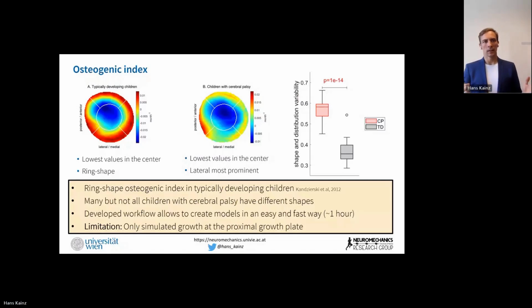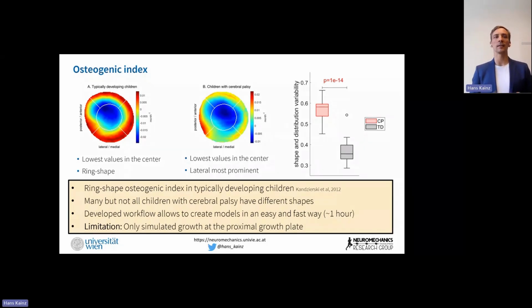In conclusion, the ring shape which we found in the osteogenic index is in agreement with experimental observations, which show that the growth plate changes its shape during growth from a convex shape to a more flattened shape. We found that many, but not all, children with CP have a different osteogenic index.